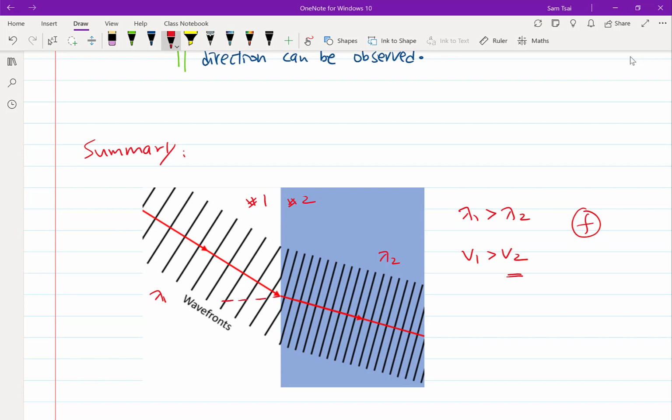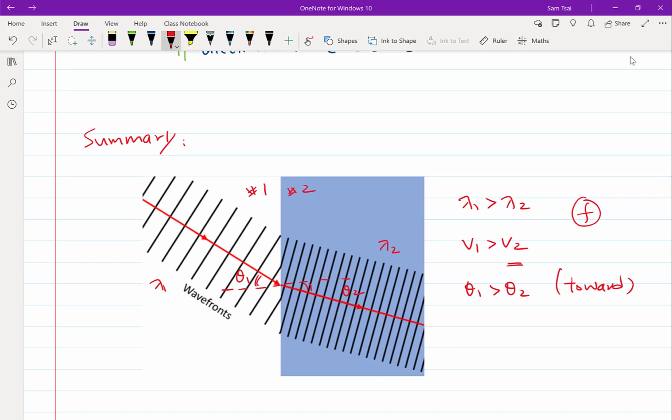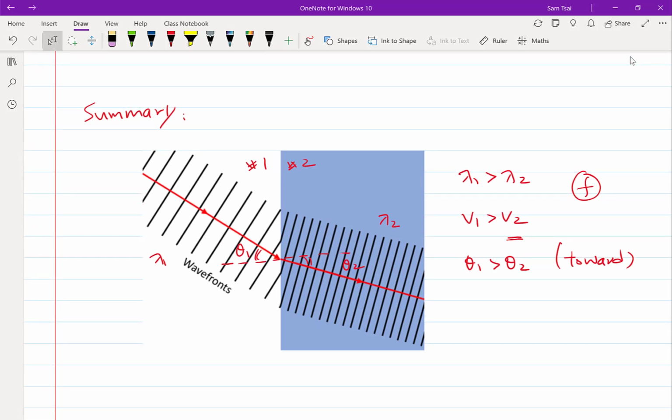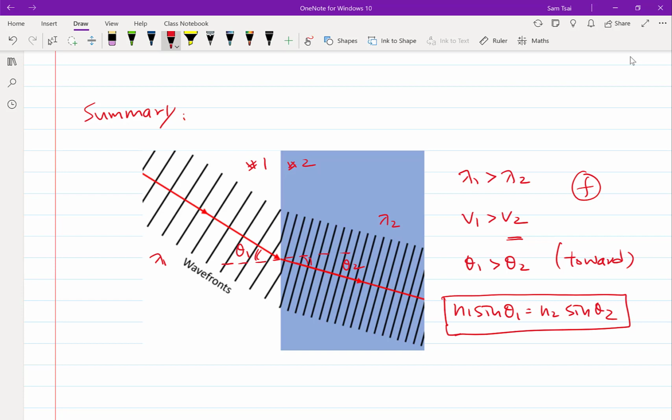If we draw the normal, you see the angle becomes smaller, so it's bending toward the normal. Theta 1 is greater than theta 2, so it's bending toward the normal. More specifically, Snell's law is n1 sine theta 1 equals n2 sine theta 2.